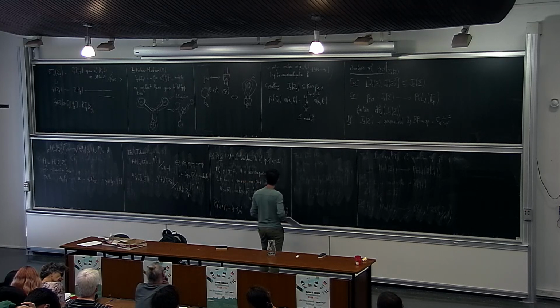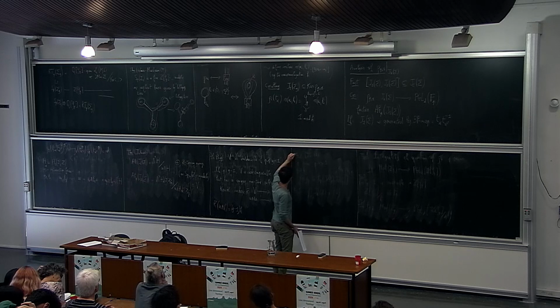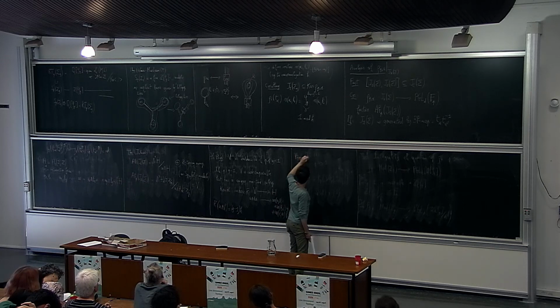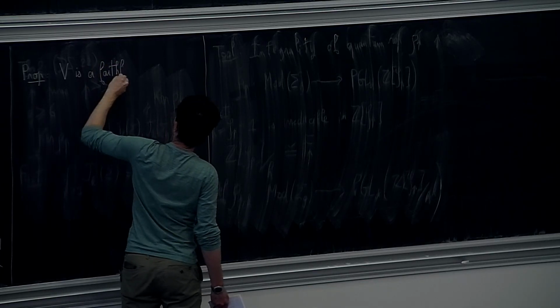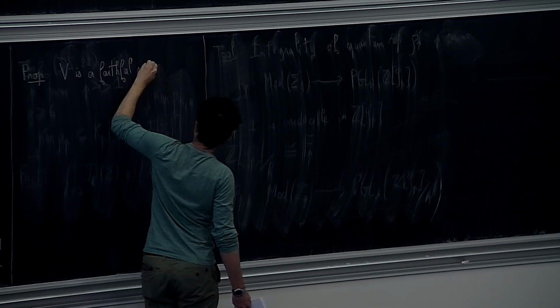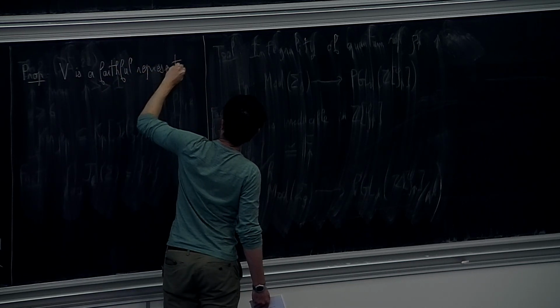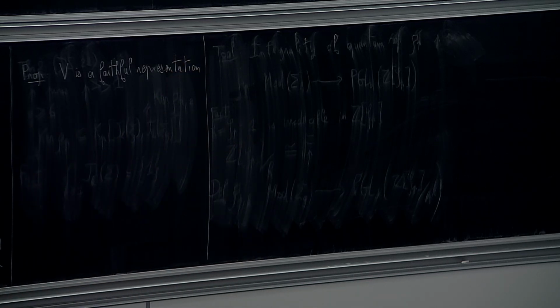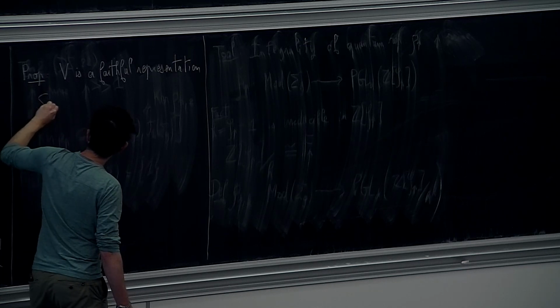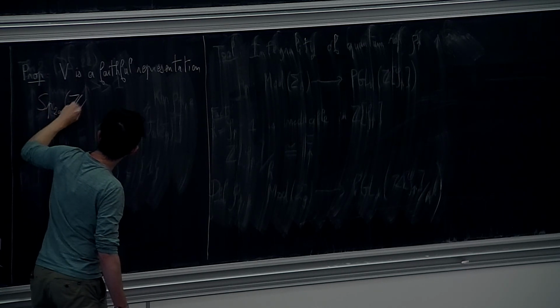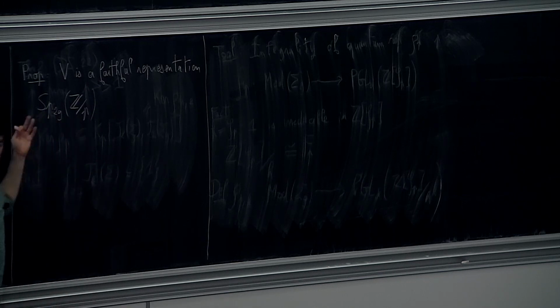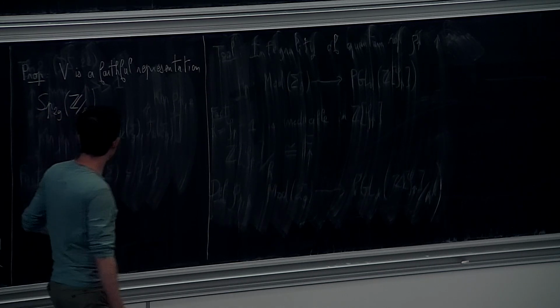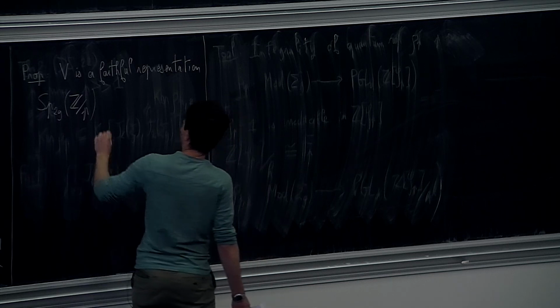So this is one property of the representation, and another one, which is easier to prove, is that V is a faithful representation of Sp_2g(Z), but it's also a representation of Sp_2g(Z mod P). You only need to know the coefficients mod P to know the action.